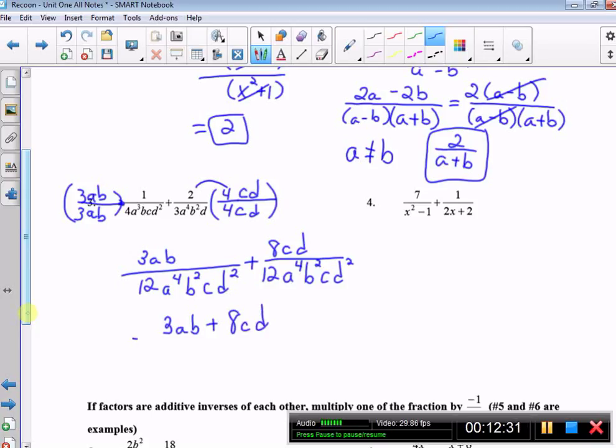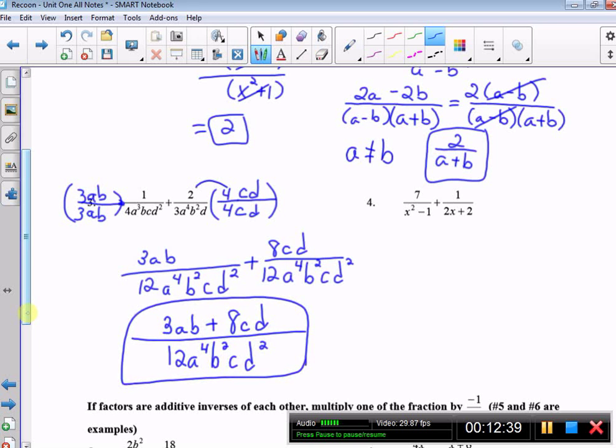They are unlike terms, over 12 a to the 4th, b squared, c d squared. You cannot do what we consider chopping and like cancel anything further. You have to be able to divide all of them by something to cancel further, or do some GCF factoring, and we can't do that. So that one's done. Oh, and in this case, A, B, C, and D cannot equal 0.